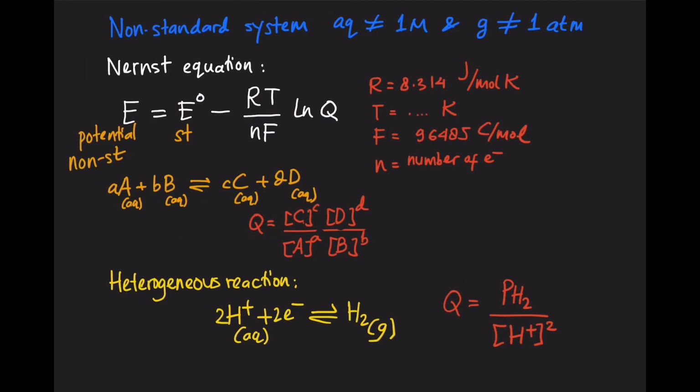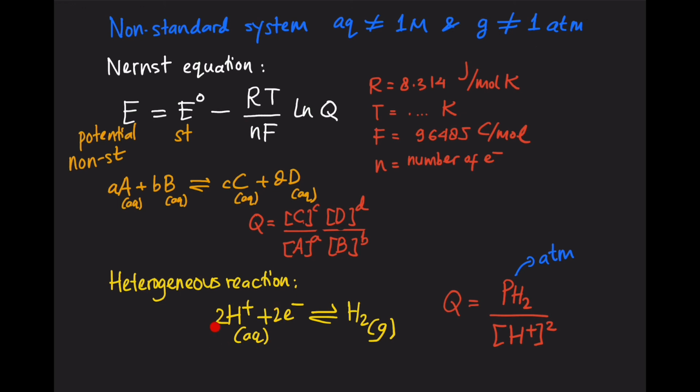Now, sometimes you have a heterogeneous reaction where you have an aqueous form but also a gas form within the very same reaction. In this case, for the gas, you should use the pressure, so pH2 like this, and of course the unit shall be in atm, which is not going to be equal to 1 if it's non-standard.